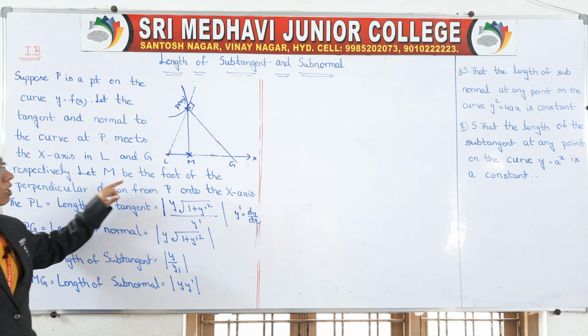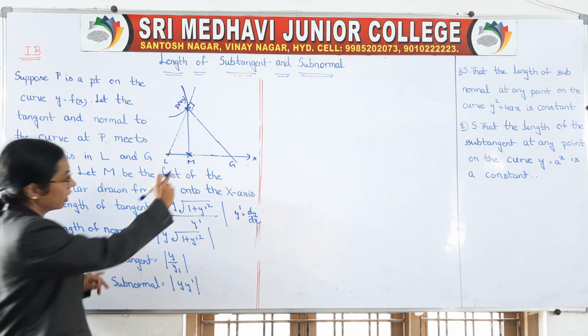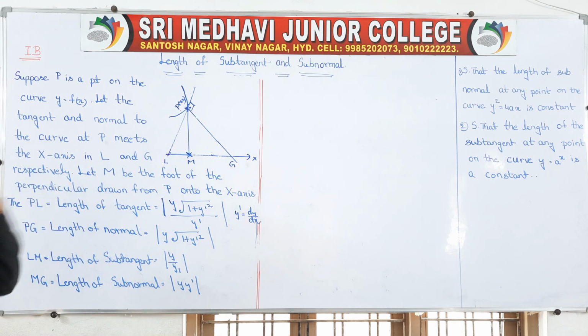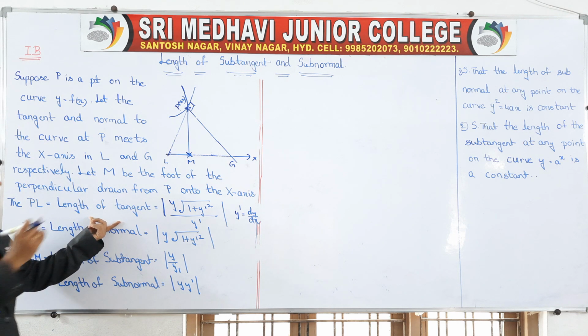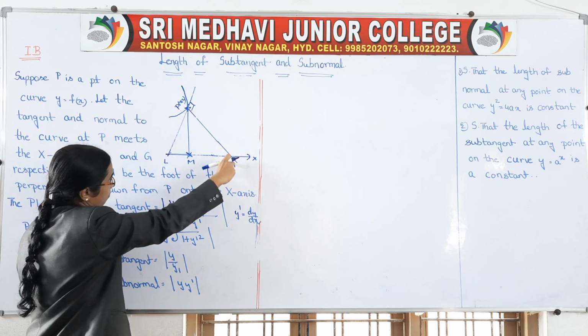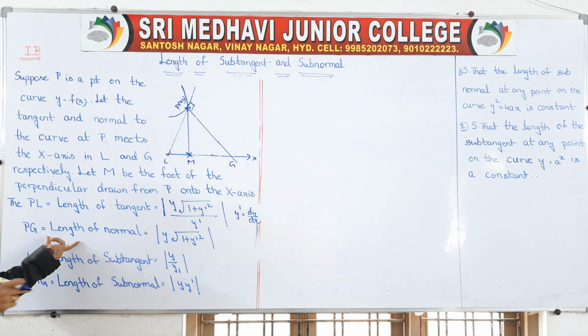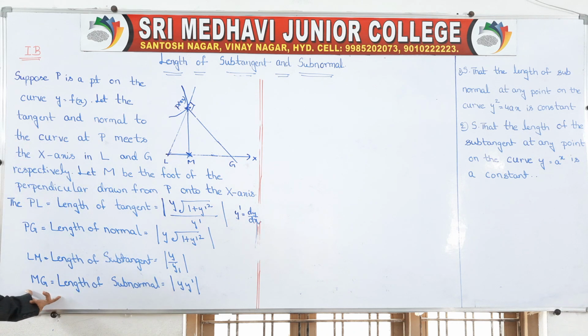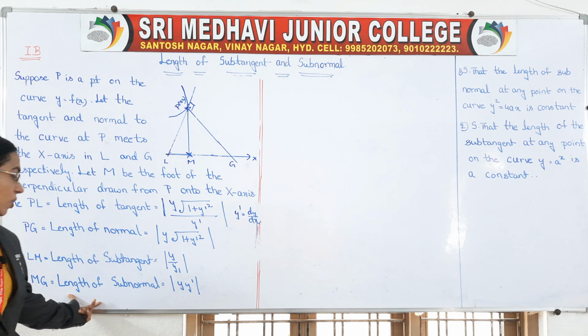Let M be the foot of the perpendicular from P to that line. Then PL is the length of the tangent and PG is the length of the normal. LM is the length of the subtangent and MG is the length of the subnormal.